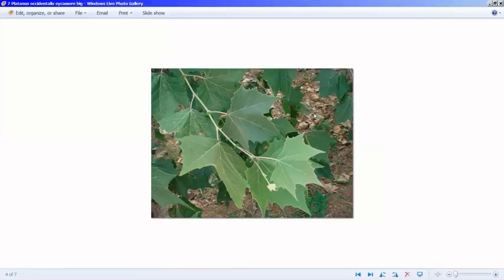Big leaves, big tree, big everything. Another distinguishing feature is that the leaves are alternate, which means they show up here, followed by here, and then here, like a zigzag pattern, rather than being opposite, where they show up in parallel along each other. Let's see this in the future.